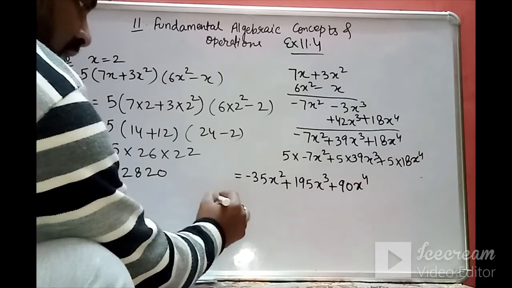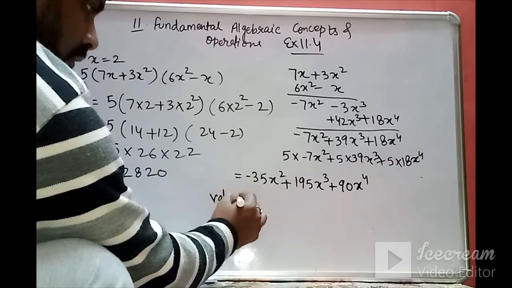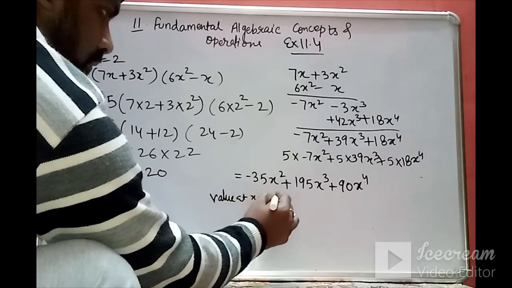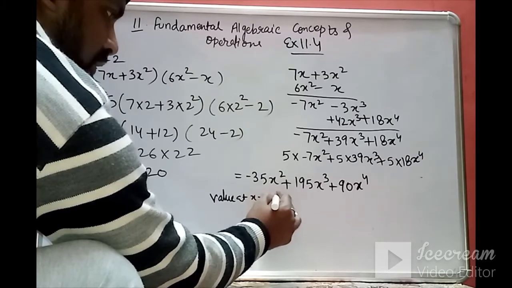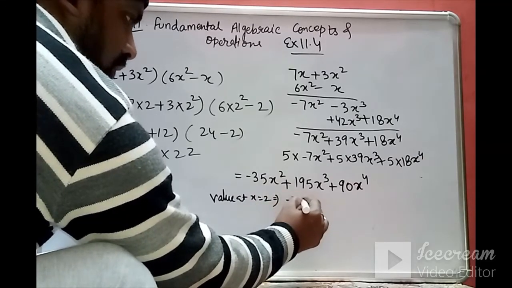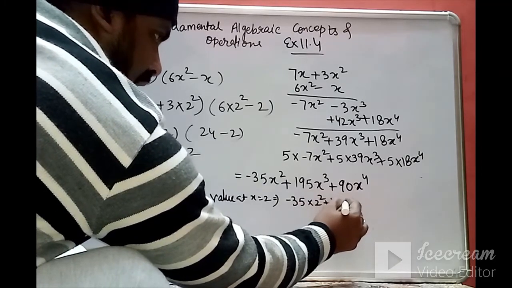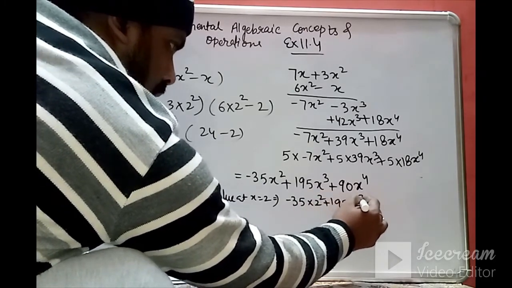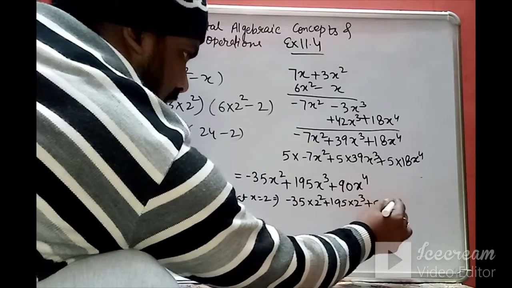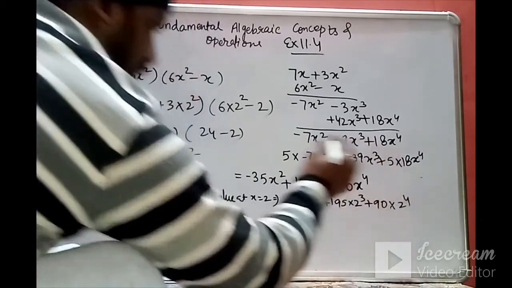Now again we will find the value at x equal to 2. So that will be how much? Minus 35 into 2 square, plus 195 into 2 cube, plus 90 into 2 to the power 4.